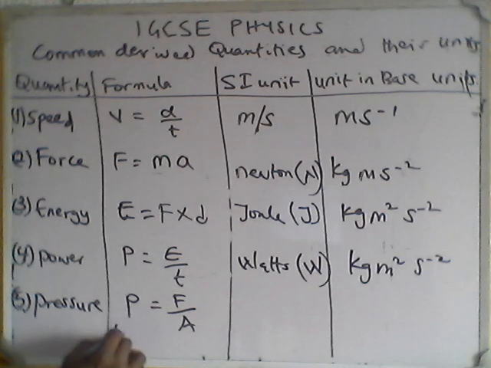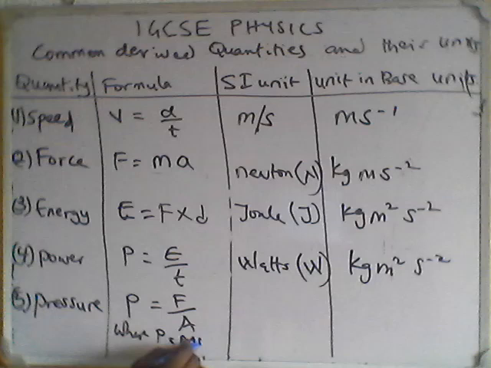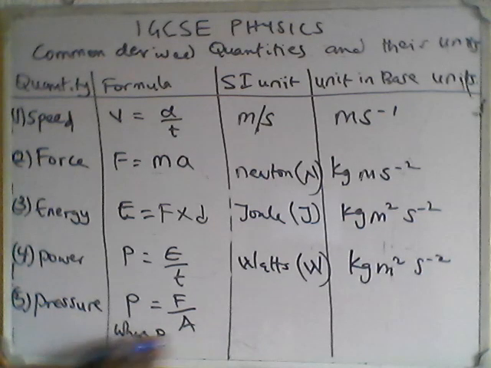Always do that in physics. It's very polite. It shows that you know what you are doing. Always define what you are using. It makes the examiner's work easy to follow.